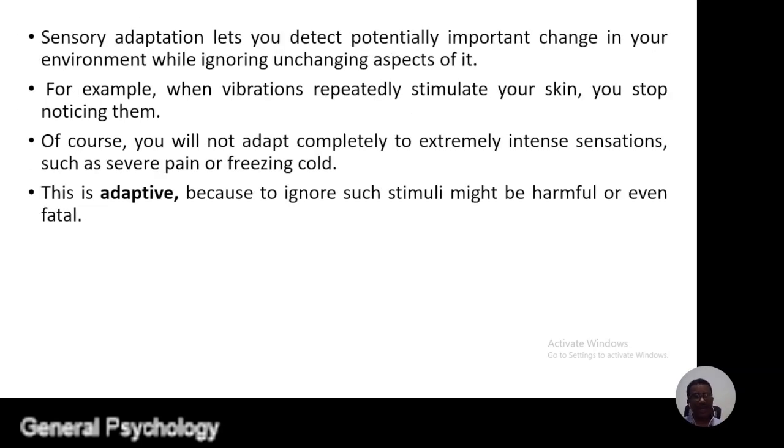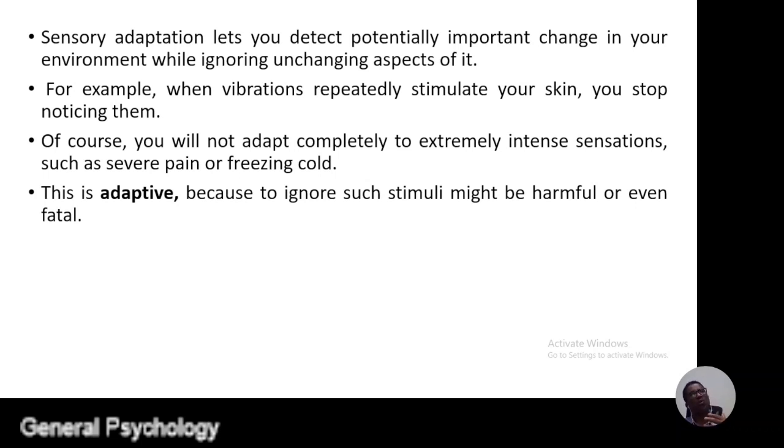Sensory adaptation lets you detect potential important changes in your environment while ignoring unchanging aspects of the stimulus. For example, when vibration repeatedly stimulates your skin or your body, gradually you stop noticing that repeated vibration. Of course, you will not adapt completely to extremely intense stimulus like severe pain and freezing cold.